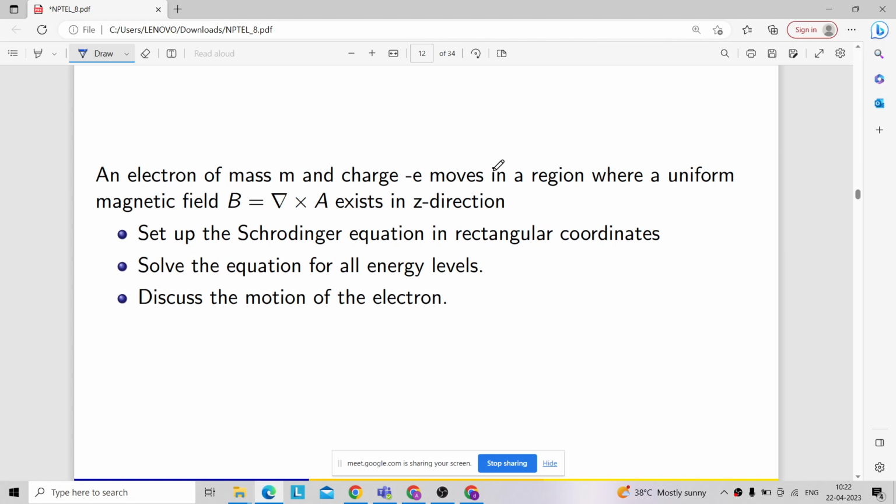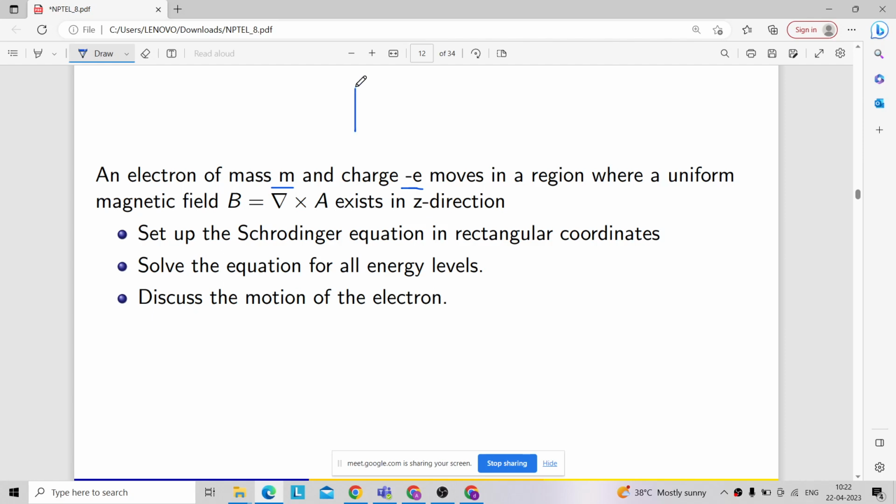So the next question says an electron of mass m and charge minus e moves in a region where a uniform magnetic field B exists in z direction.